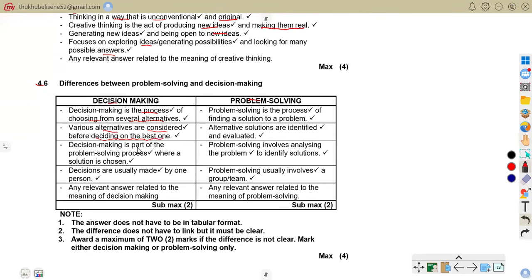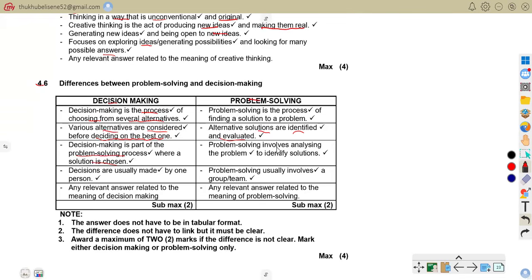So we have to look in detail at the given alternatives and try to find which one is going to be the best for us to solve the problem. But when it comes to problem solving, alternative solutions are identified and evaluated. Decision making is a part of the problem solving process where a solution is chosen.